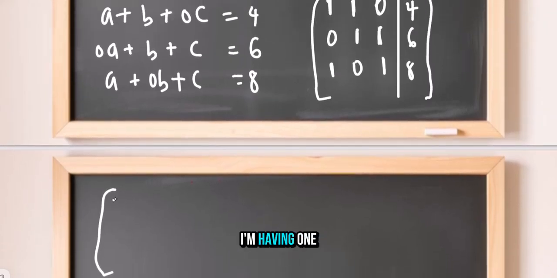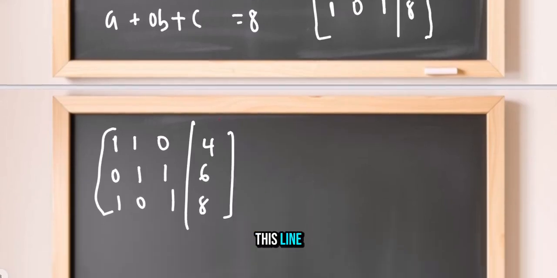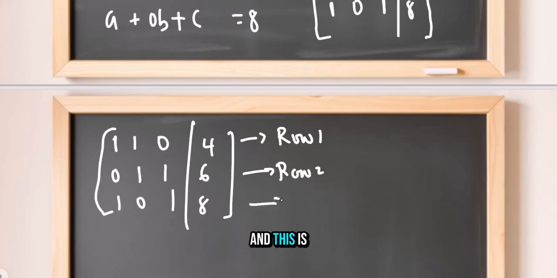Here I'm having 1, 1, 0; 0, 1, 1; 1, 0, 1; and 4, 6, 8. Now, looking at this line, this is my row 1. This is my row 2. And this is row 3.